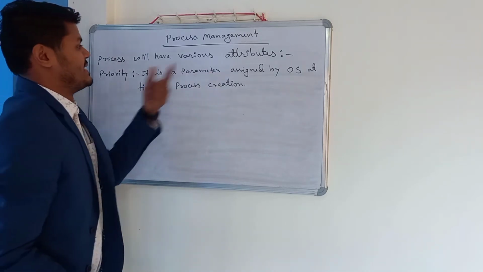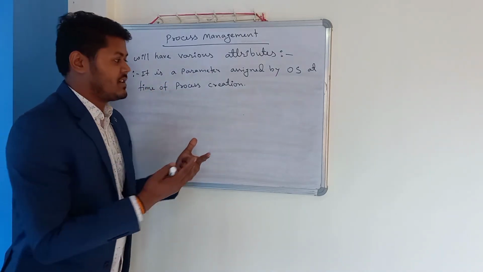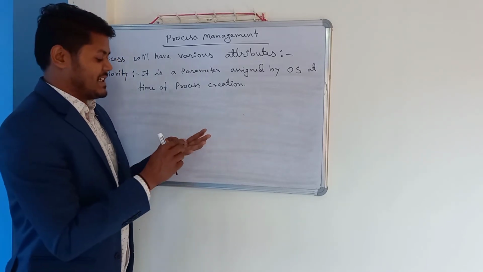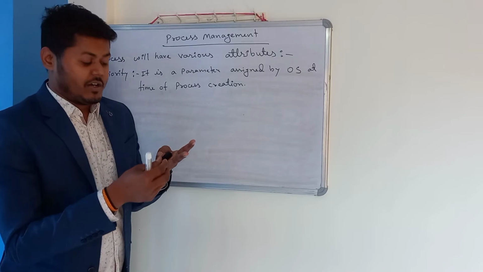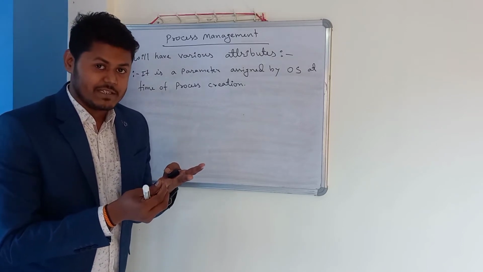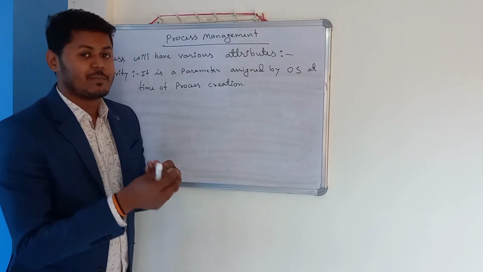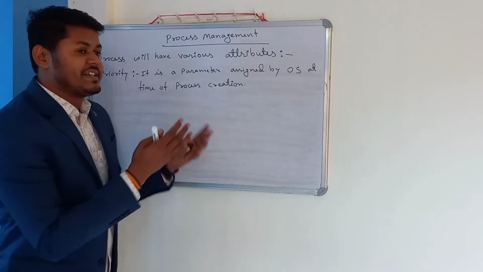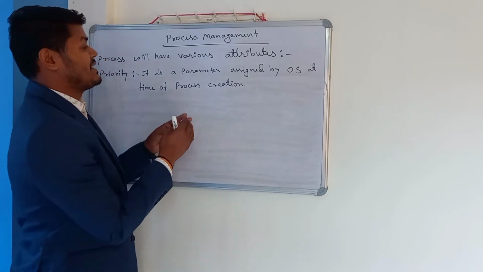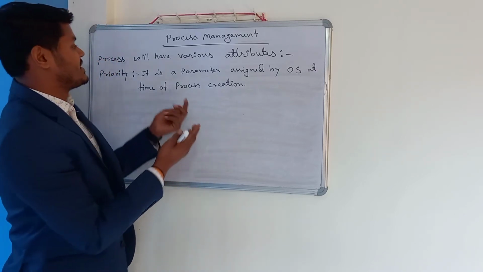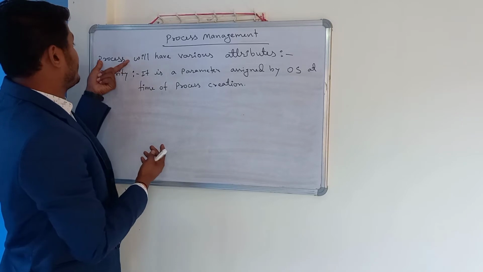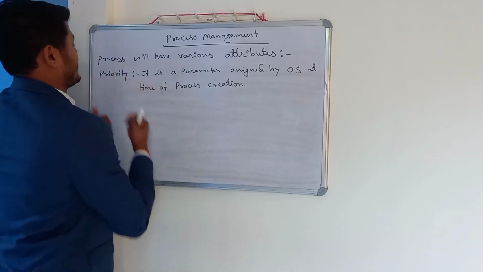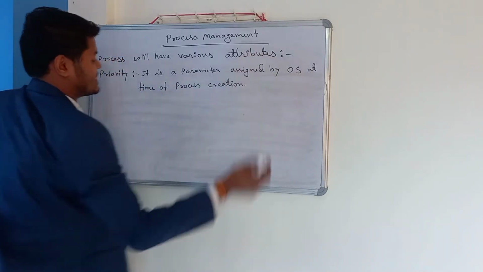Suppose in your college there are various people: students, faculty, assistant professor, associate professor, principal. All have a different parameter, different designation. In the same way, each process has a different priority assigned by the OS.